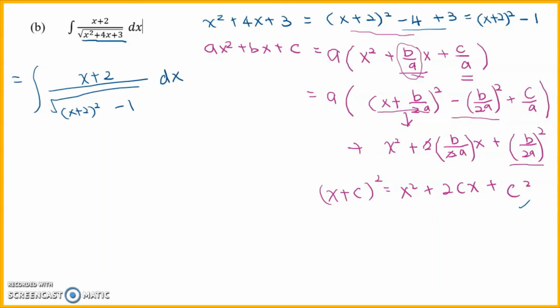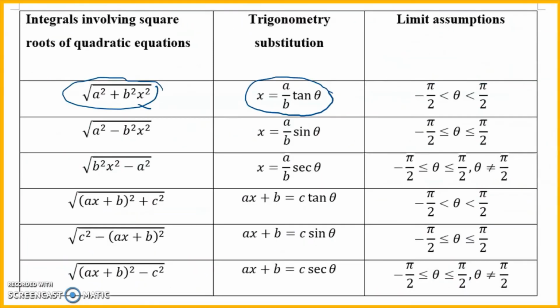Up to now, we're still not able to solve it. Since we have the square root of a quadratic expression, we can go back to the table and choose which one we may use for the substitution. What we have is the square root of x plus 2 squared minus 1.